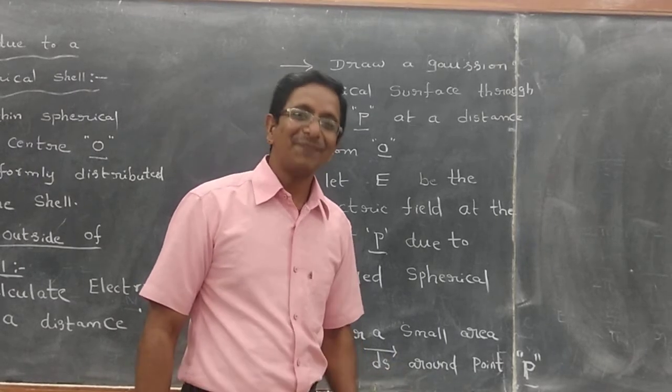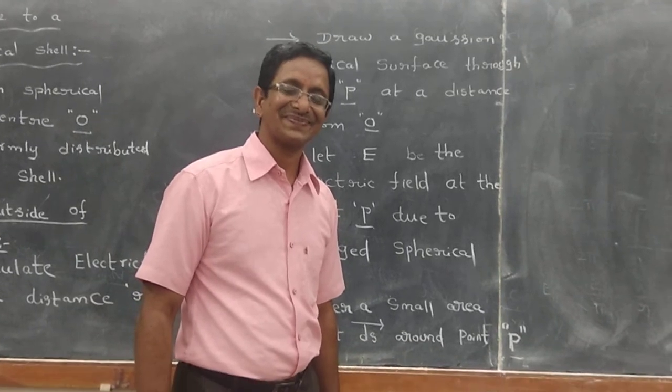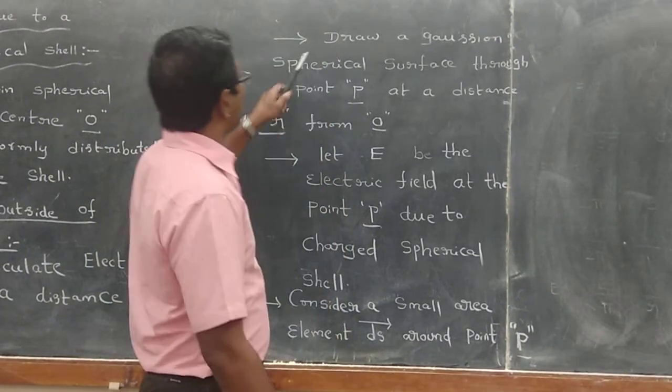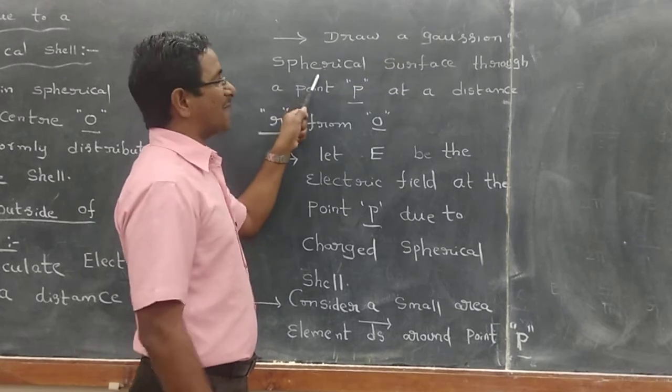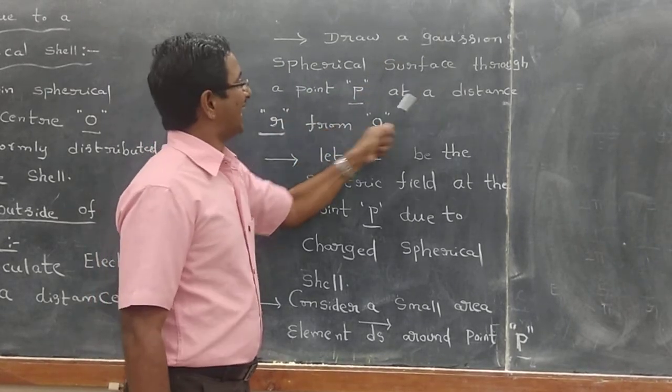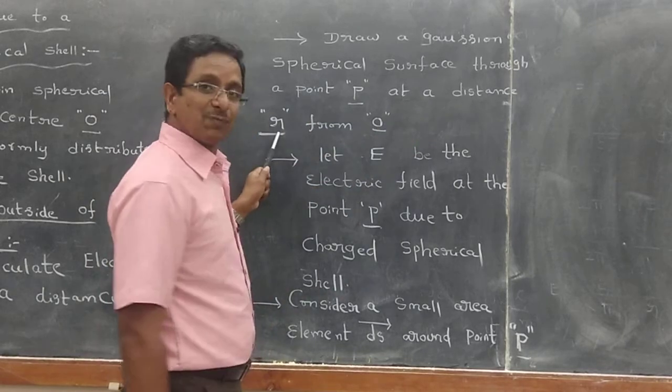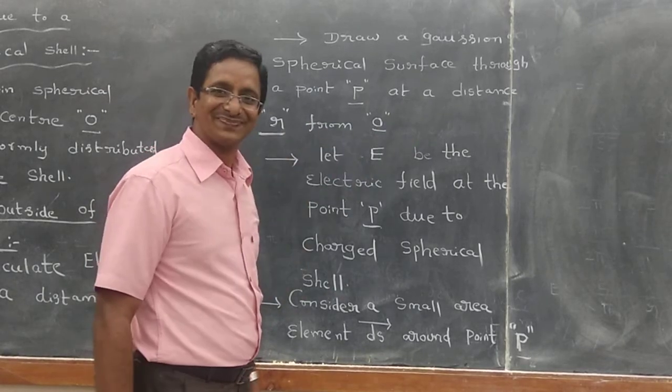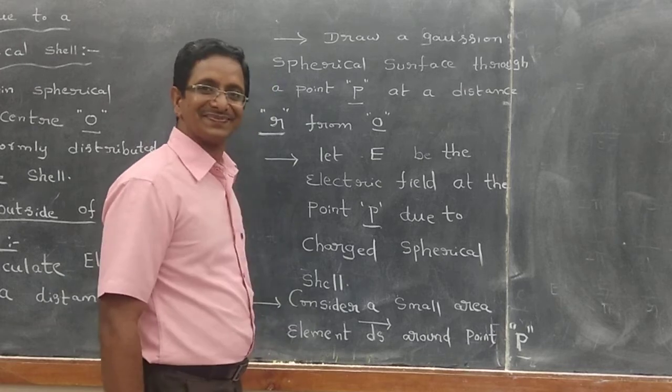Now our second point is, draw a Gaussian spherical surface through a point P at a distance smaller from O. Point number 3.